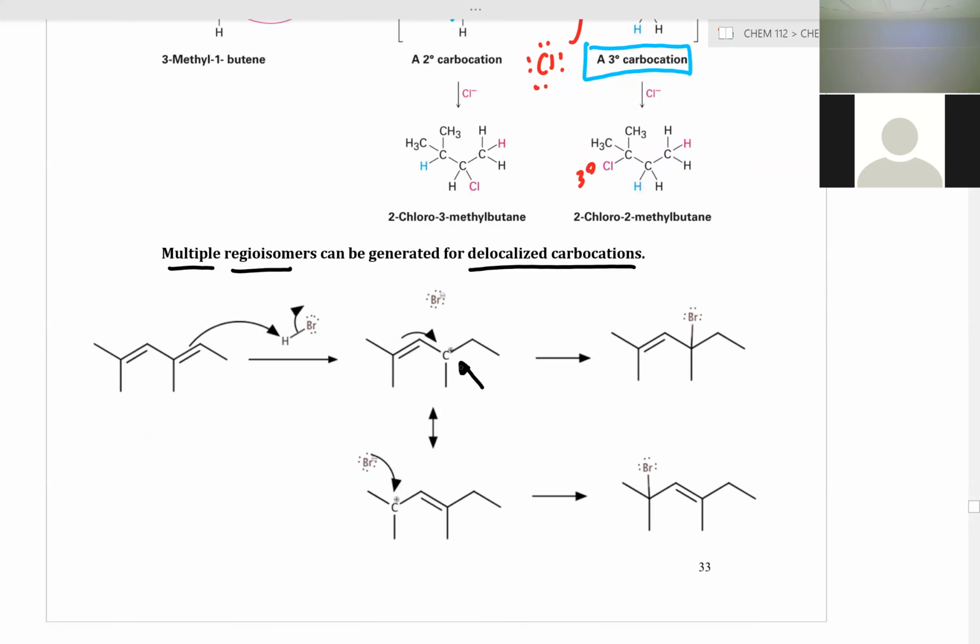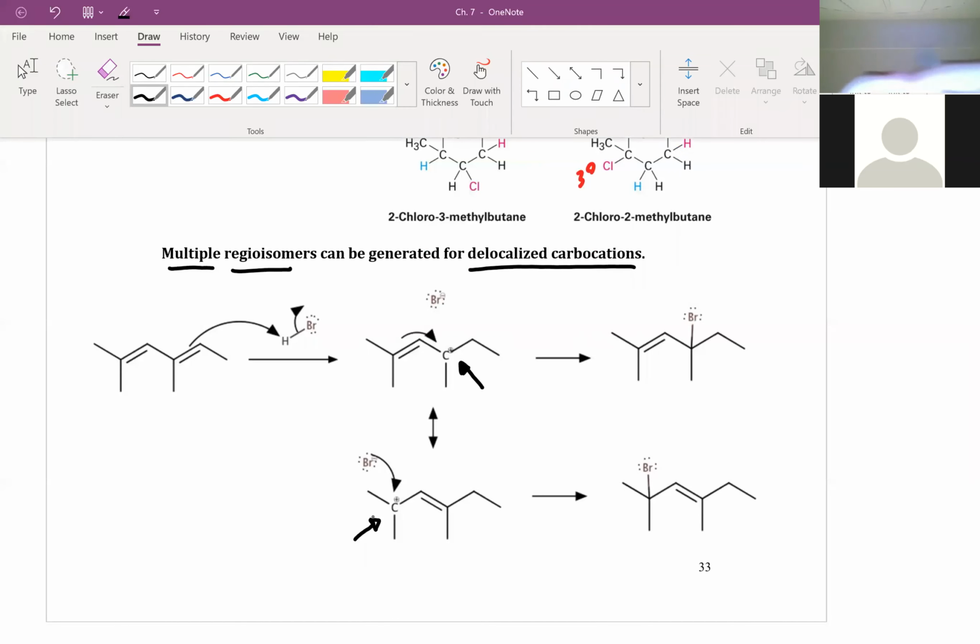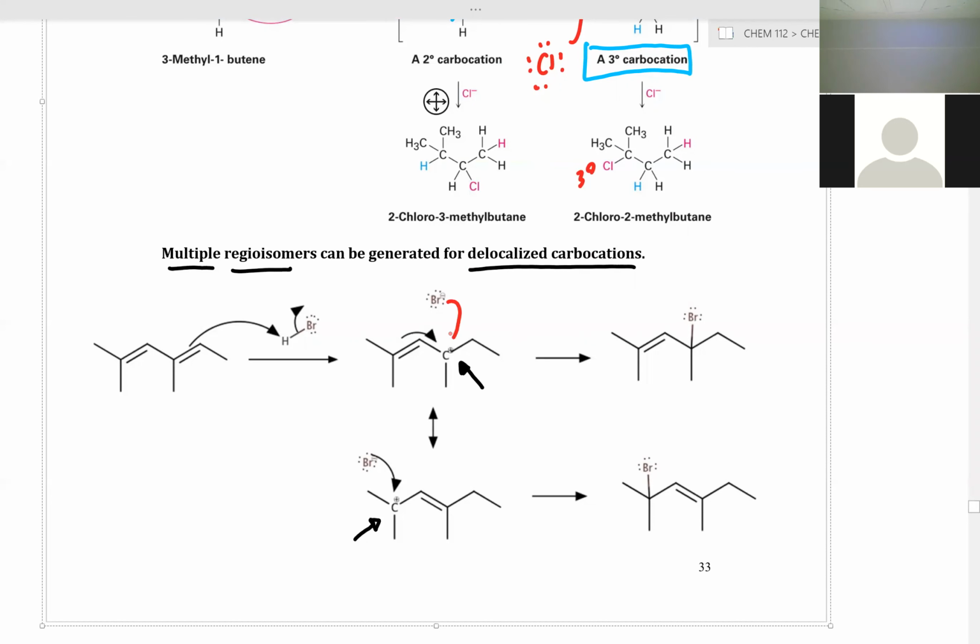This first carbon has a positive charge as well as this second carbon. And we can observe addition of our nucleophile to both cationic sites. That's why we see a mixture of regioisomers.